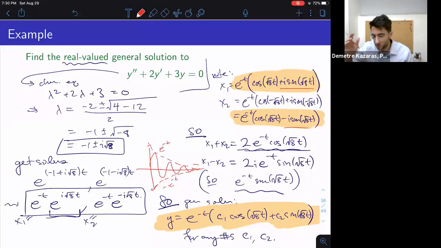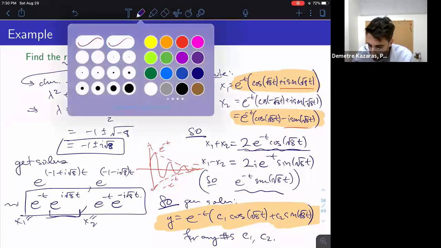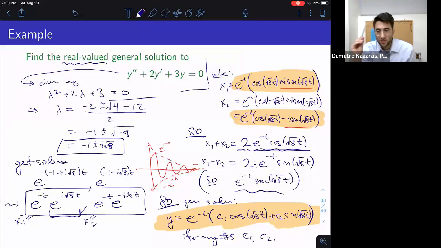Good. Oh, and one more comment. This trick working heavily relied on the fact that the complex roots came in conjugate pairs, that they had this plus minus structure to the complex roots. That was essential in order to MacGyver our real solutions from the complex ones.